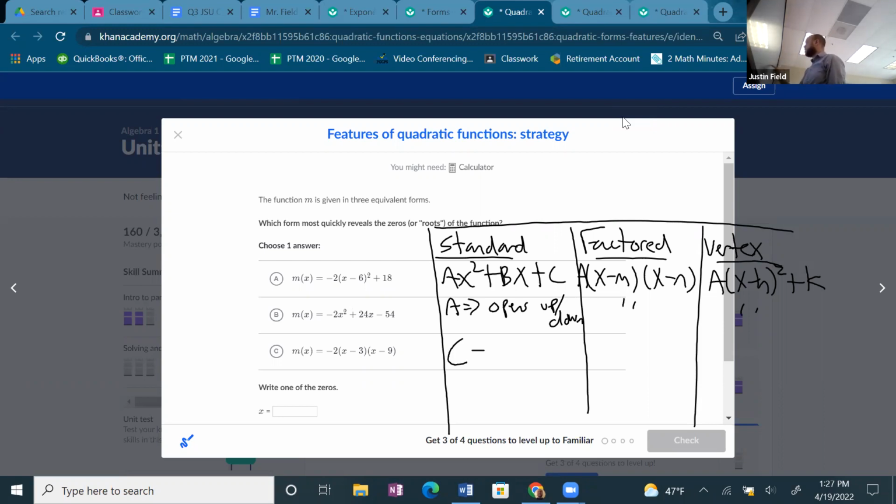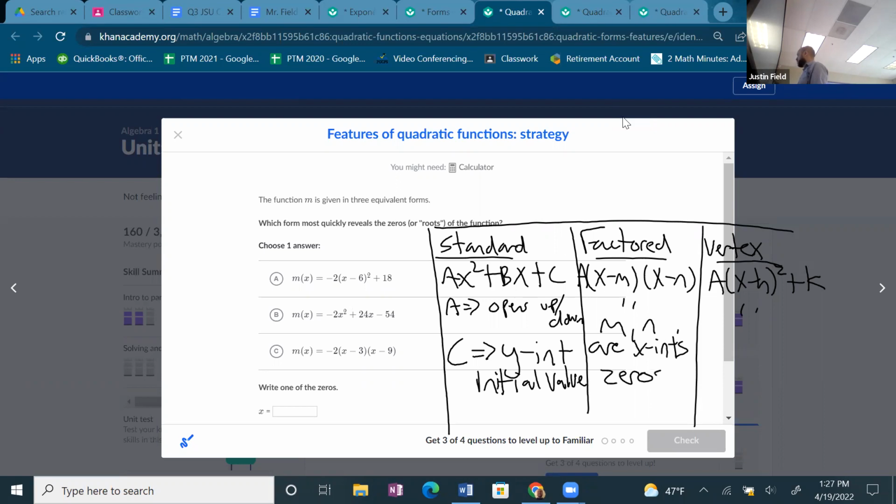But in standard form, how many people knew the c is the y-intercept, right? The initial value. And then in factored form, the m and the n are the x-intercepts, the zeros.